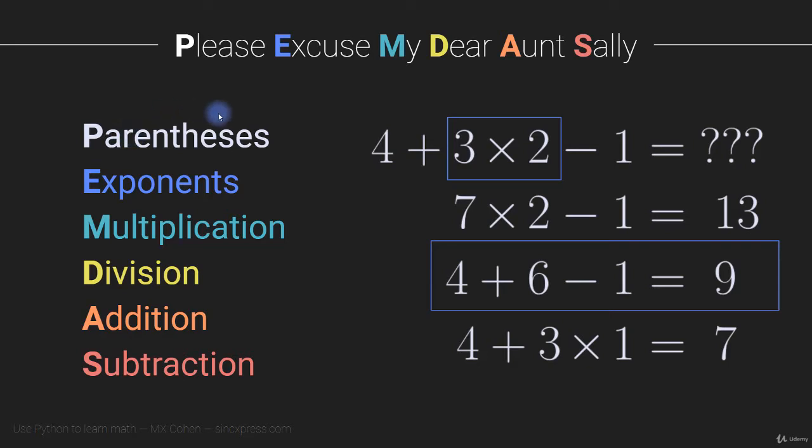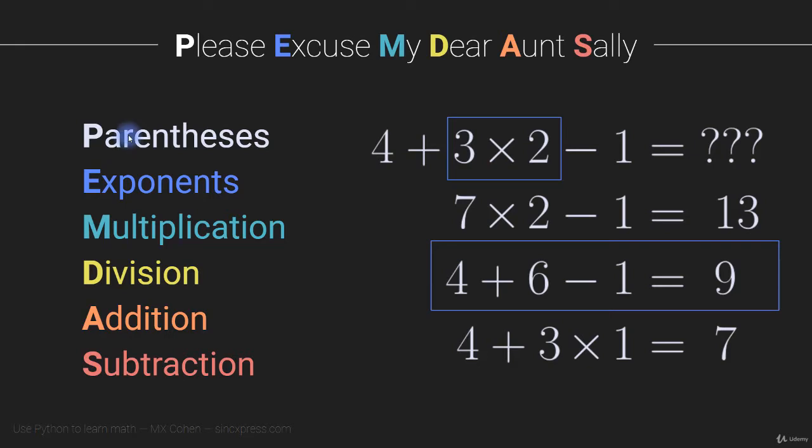We first prioritize parentheses, and then exponents, and then multiplication and division, and finally addition and subtraction. So that basically means that multiplication takes precedence over addition. And that's why it's correct to group these two terms together, 3 times 2, instead of grouping 4 plus 3. Addition is further down the list compared to multiplication.